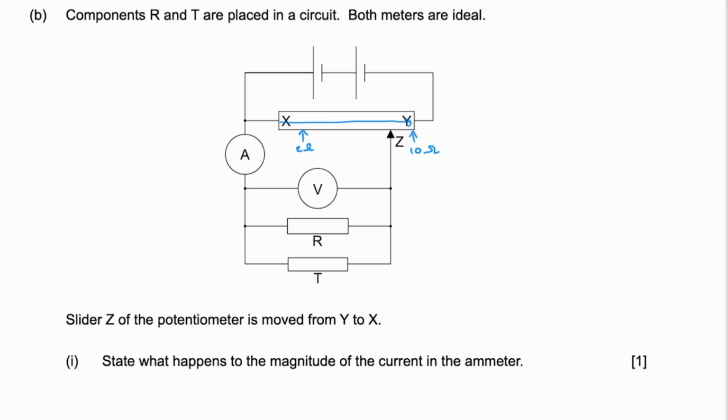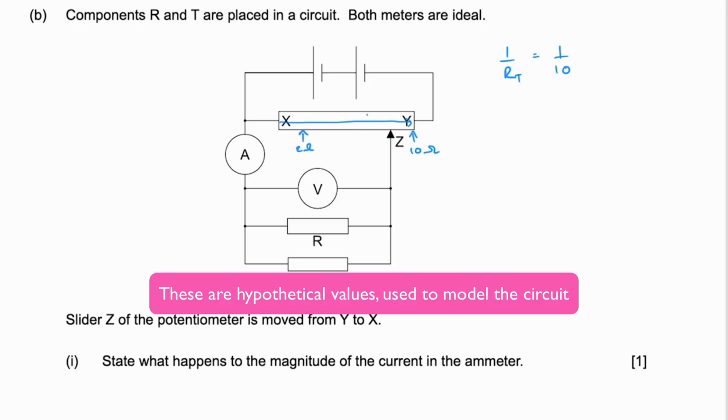Okay, so let's look at when we've got the 10 ohms situation. The total resistance of that whole circuit, it's a parallel circuit at that point, isn't it? So we've got 1 over 10, which is this one, plus 1 over 2 plus 1 over 2, which gives us 1 over 10 plus 2 over 2, which is 1 of course, which gives us 1 over 10 plus 10 over 10, which gives us 11 over 10.